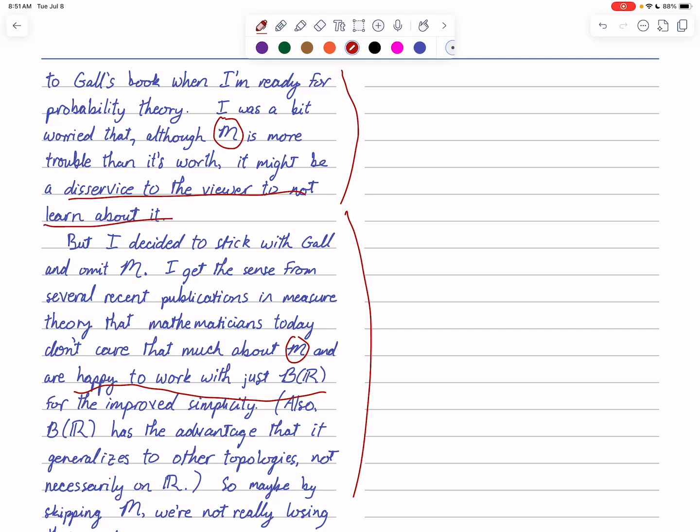Also, by the way, the Borel measurable sets have the advantage that they generalize to any given topology, and so a lot of what we do and say about the Borel sets here for the real numbers carries over to other topologies. So maybe it's a nice, more unified way of doing things.